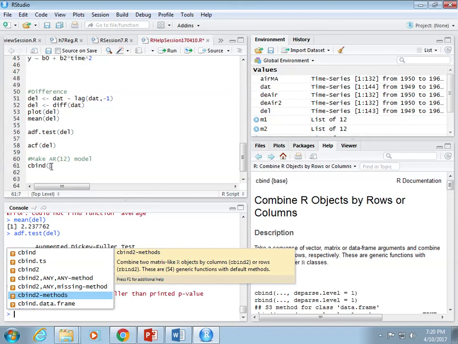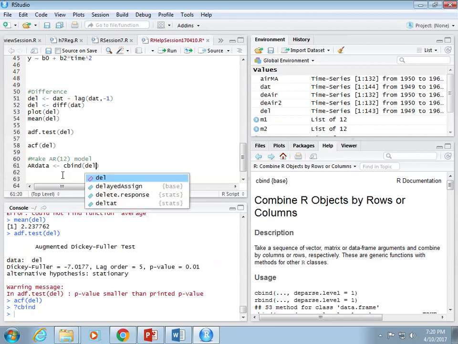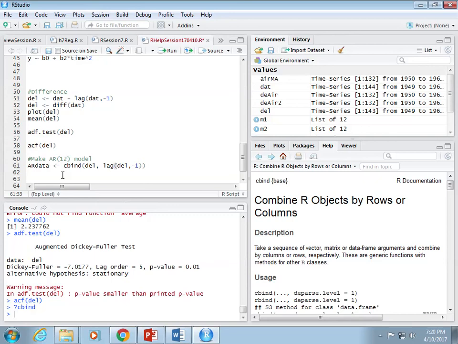And so I'm just going to cbind, I'll call this AR data, for autoregression data. It's a cbind of del and a lag of del by -1, so that'll be the -1 term. And then the lag of del by -4, and a lag of del by -12.